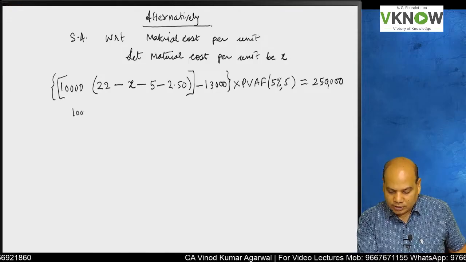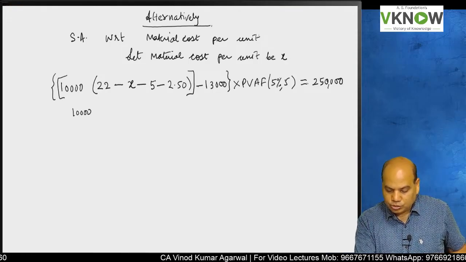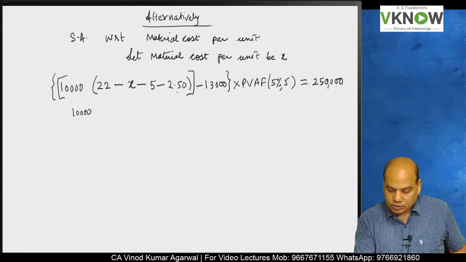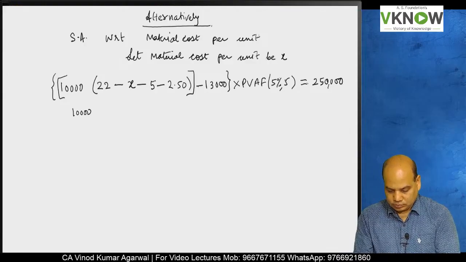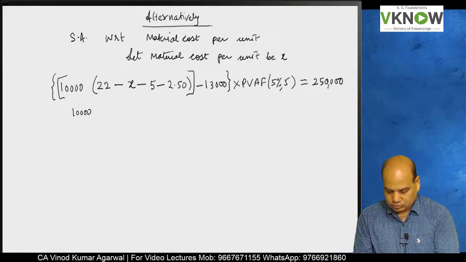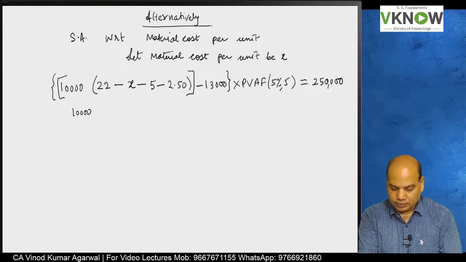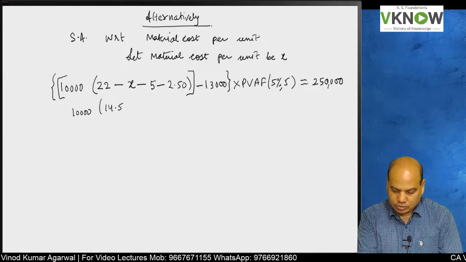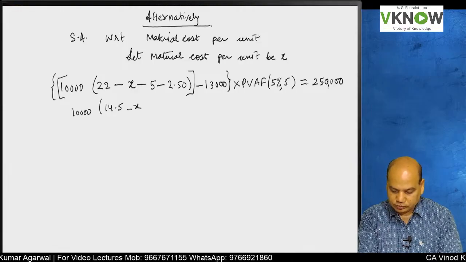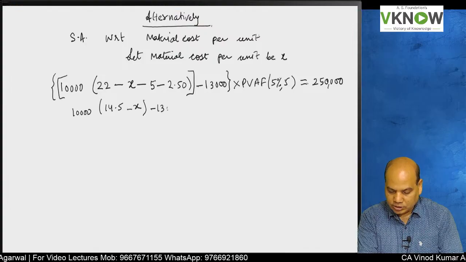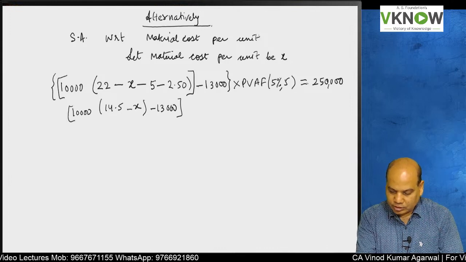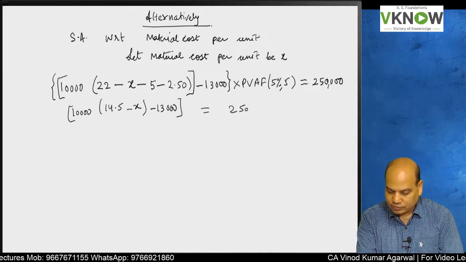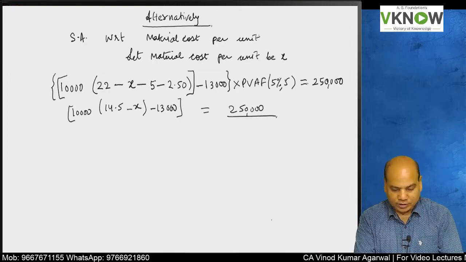So to simplify: 10,000 into 22 minus 5 minus 2.5, which is 14.5, minus X, minus 13,000, and this equals 2,50,000 divided by that factor.